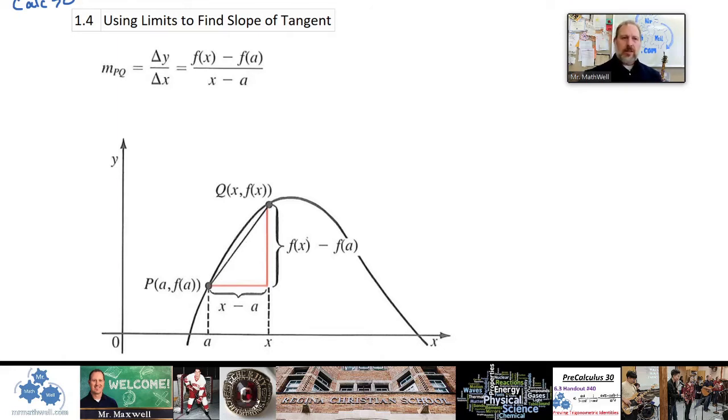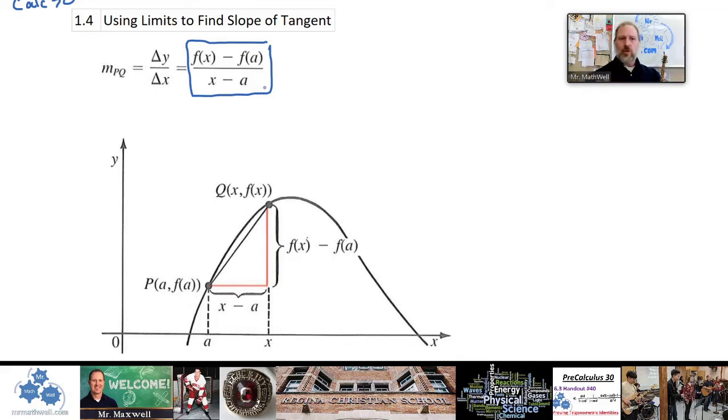But what if we took a look at this? What if we said, here's the rational expression for the slope of a secant line, where x and a are two different values, and f of x and f of a are two different y values. So what happens if x approaches a? Ooh, that sounds like a limit.